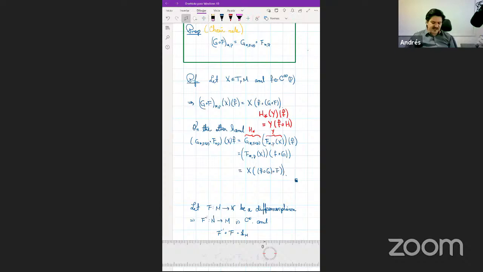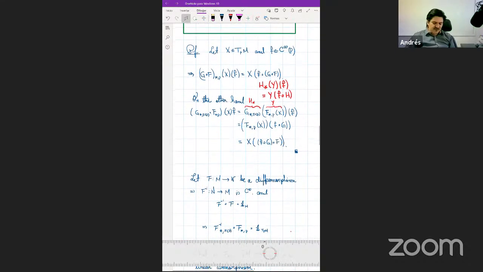On the left-hand side, we're going to use the chain rule. So the differential of this is here by the chain rule. And we already did the example of what is the differential of this map. And it is this. Right?